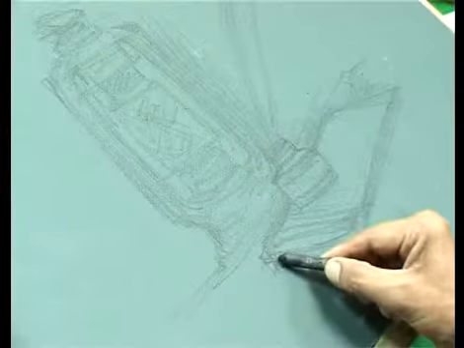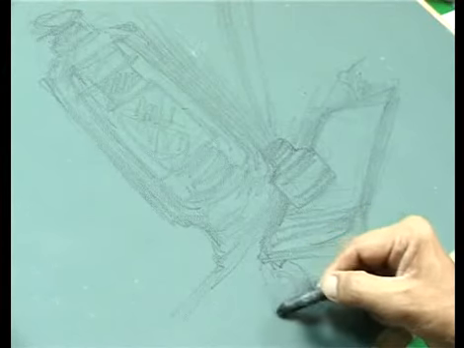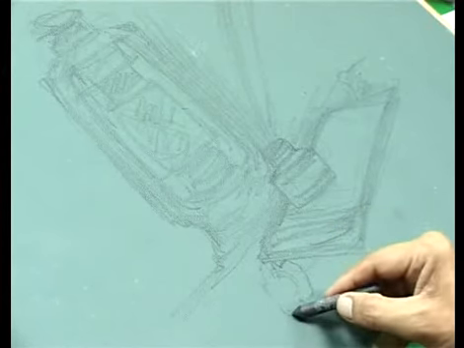The fourth and last object is a red rose. Its drawing is as important as the others.